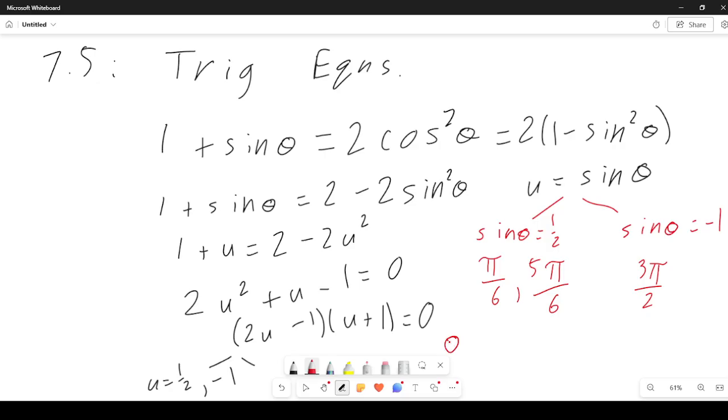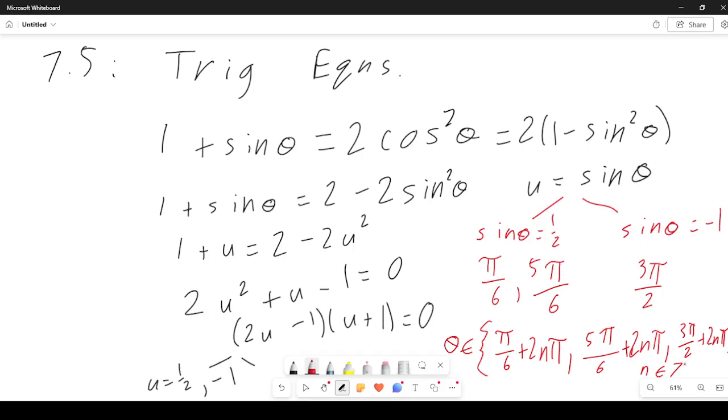Well, theta is in this set: pi over 6 plus 2n pi, 5 pi over 6 plus 2n pi, 3 pi over 2 plus 2n pi, where n is an integer, n is in Z.